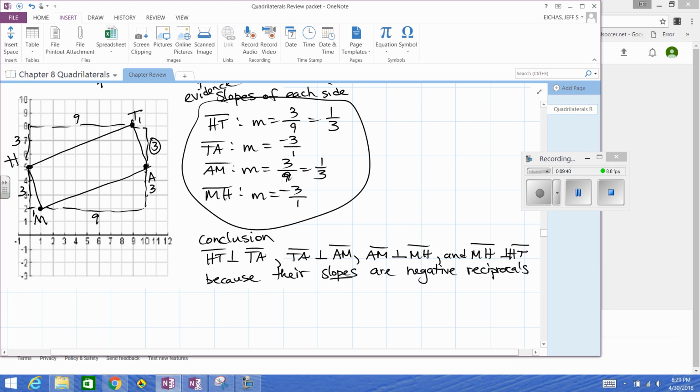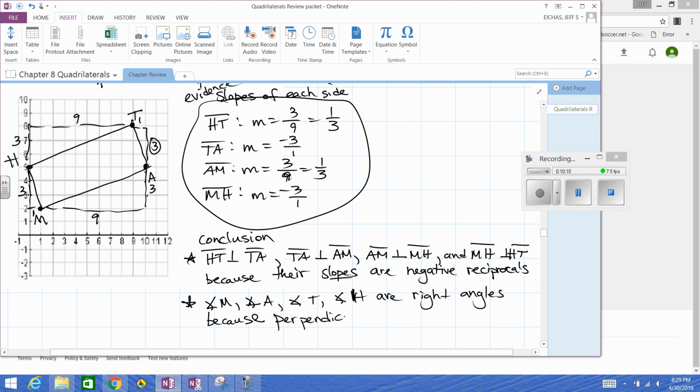All right, let's see. Okay, now there's really 2 conclusions. I'm going to say angle M, angle A, angle T, and angle H are all right angles, because perpendicular segments form right angles.